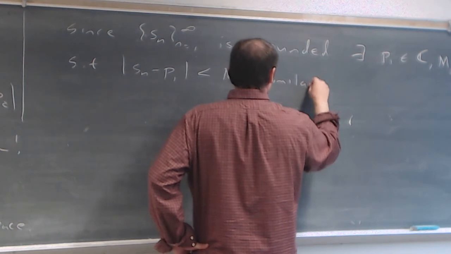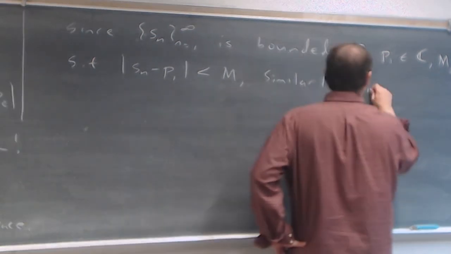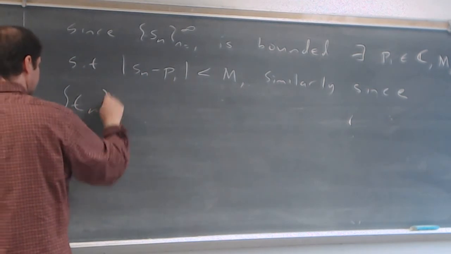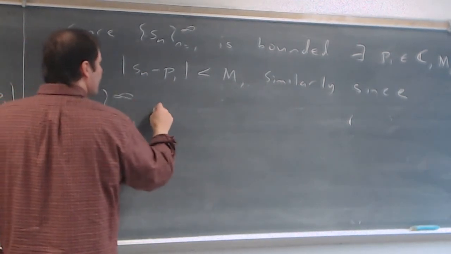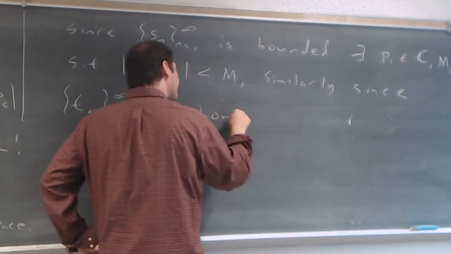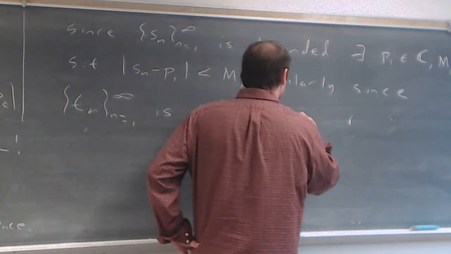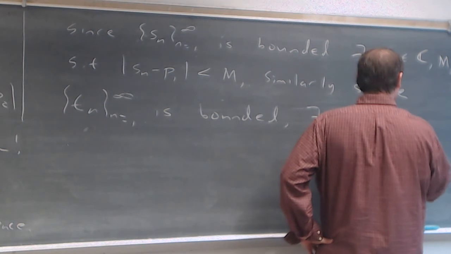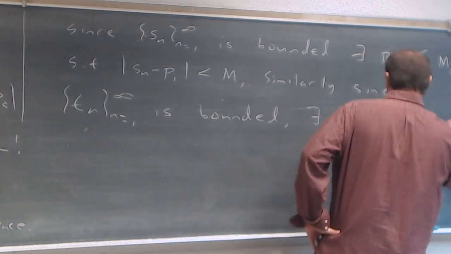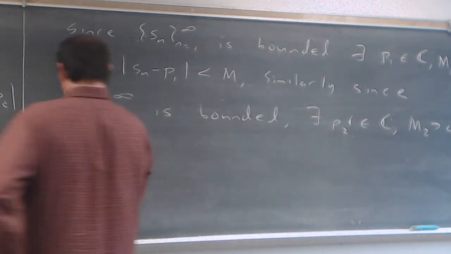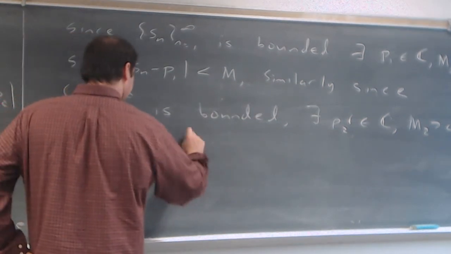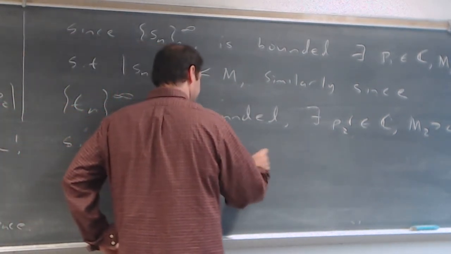Similarly, since T sub n is bounded, there exists a P sub 2 element of C and an M sub 2 greater than 0, such that the absolute value of T sub n minus P sub 2 is less than M sub 2.